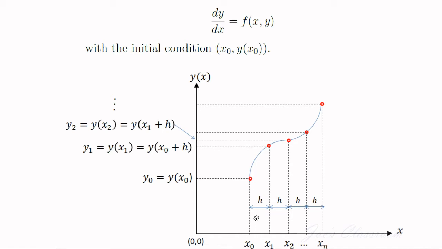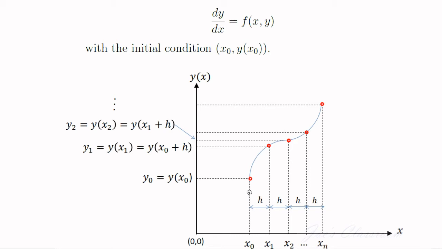Usually, this x0, x1, x2, x3 up to xn are taken at equal intervals. We call this interval as step size, and usually it is denoted by the letter h. The smaller value you take for h, the better accuracy you will get in the solution.